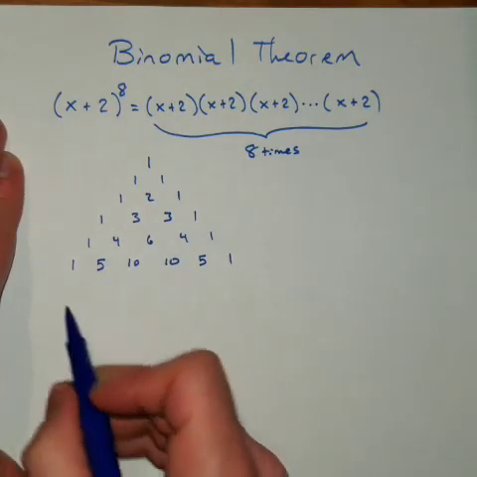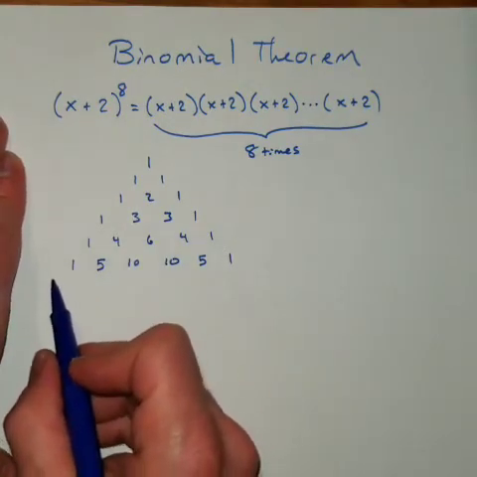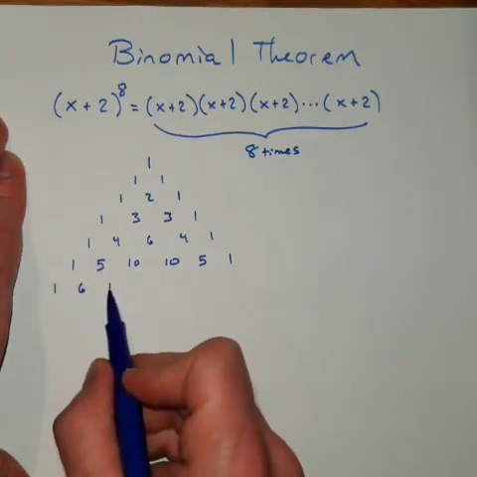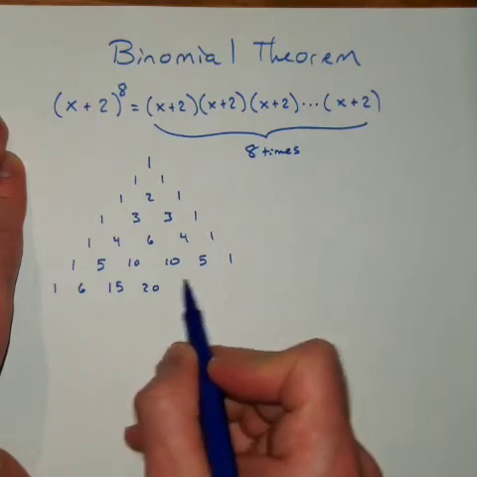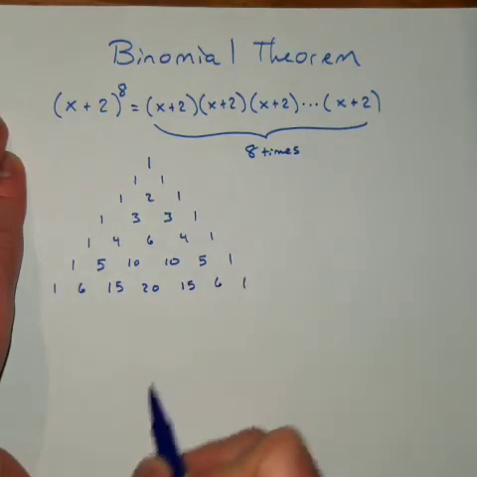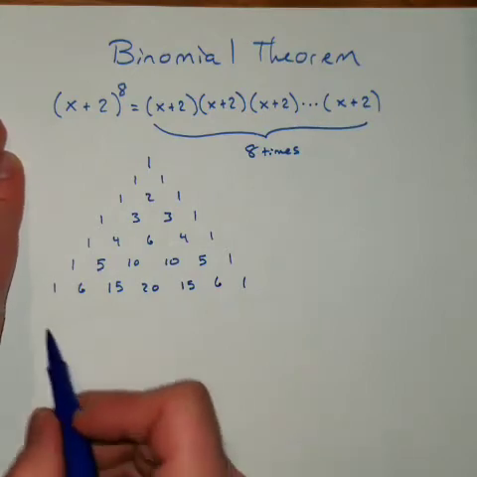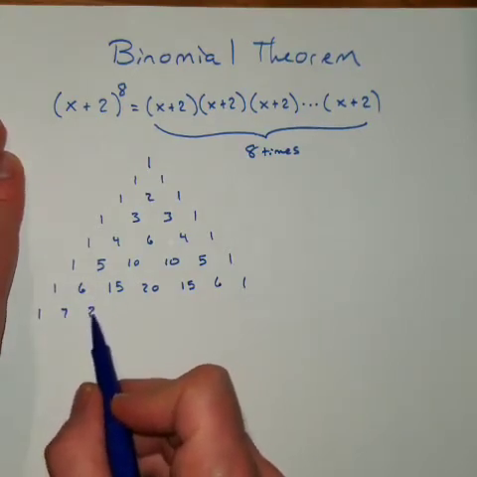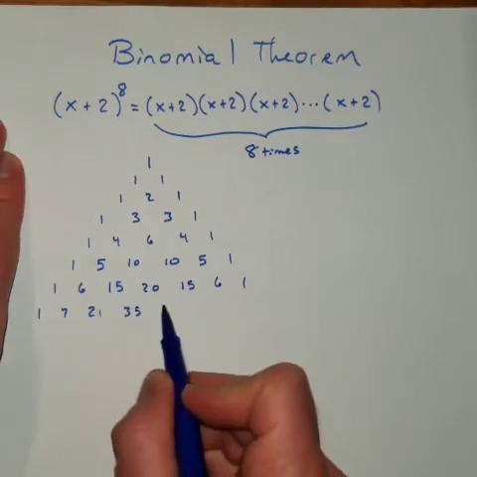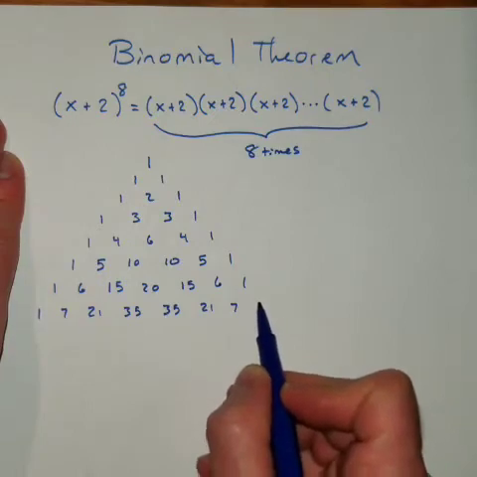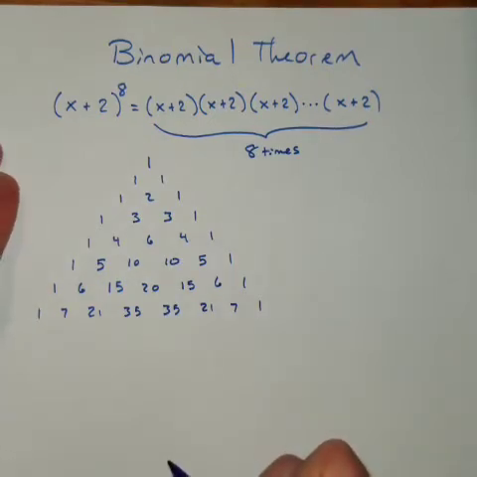So that's the fifth power. This would be the sixth power: 1, 6, 15, 20, 15, 6, and 1. Let's see, I need a couple more rows yet. 1, 7, 21, 35, 35. There is some nice symmetry. Once you get one half of it done, you can zip through the other half.